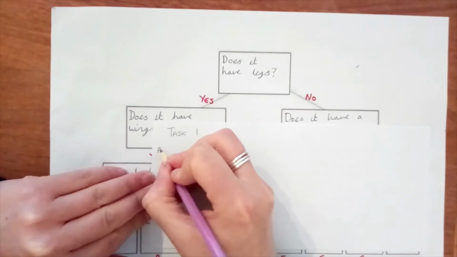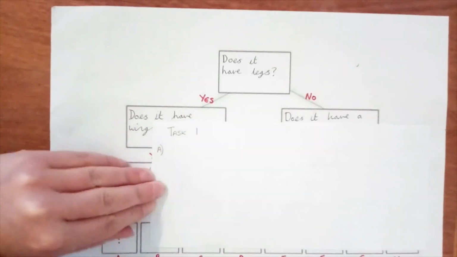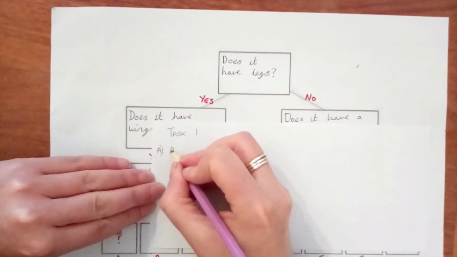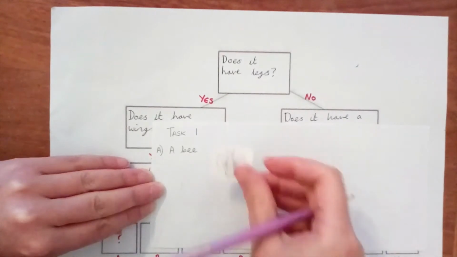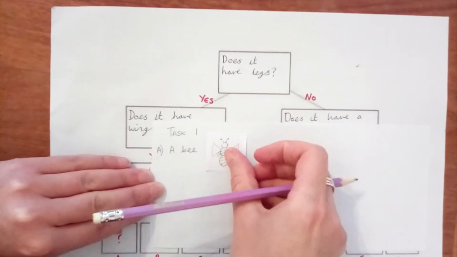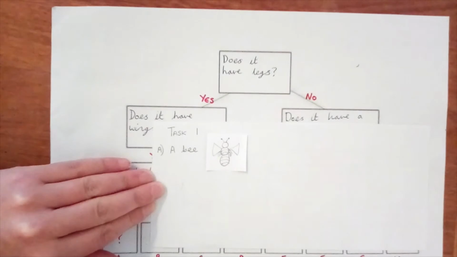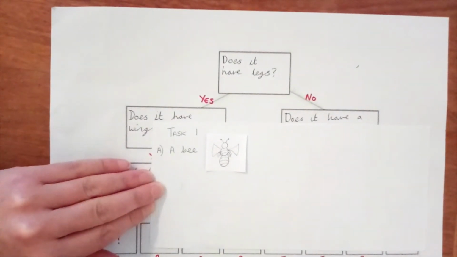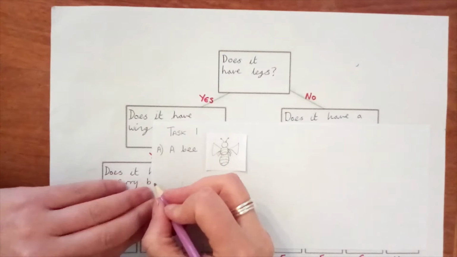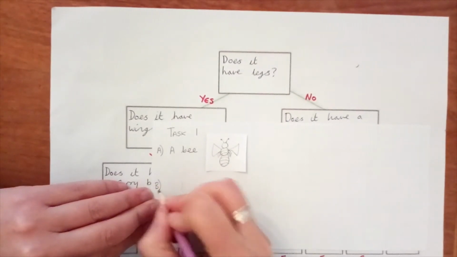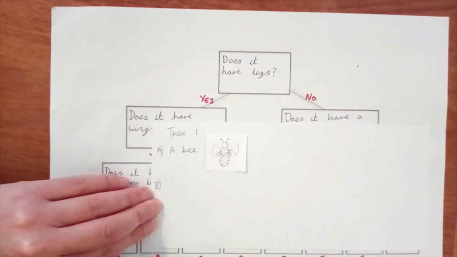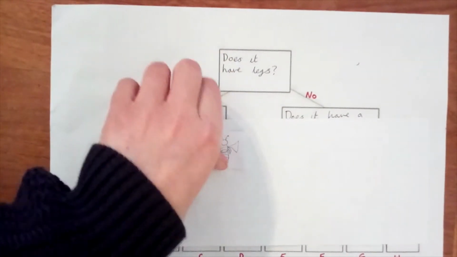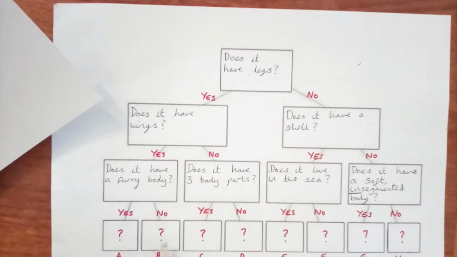Then we've got question A, and the answer was a B. Slightly confusing, a B for question A. And then if you would like to either draw the picture or stick a picture on, then you can do that. And then you would go on to question B, and you would go through the questions and try and work out which of the 8 animals are in these 8 boxes down here.